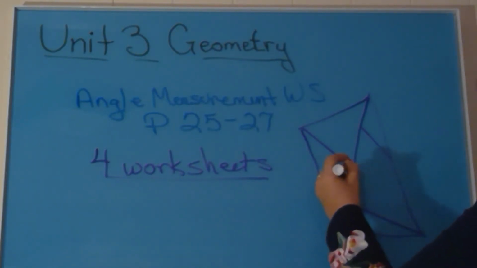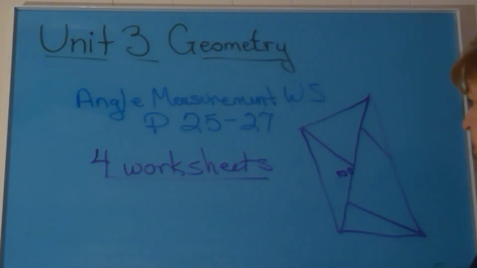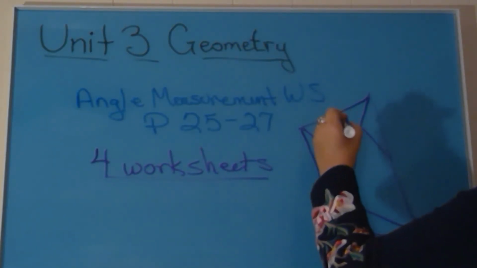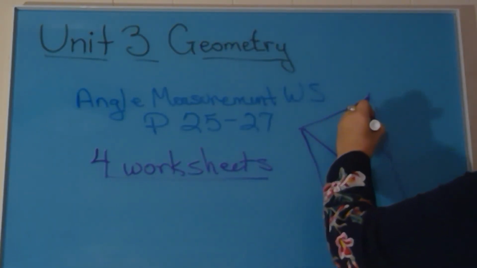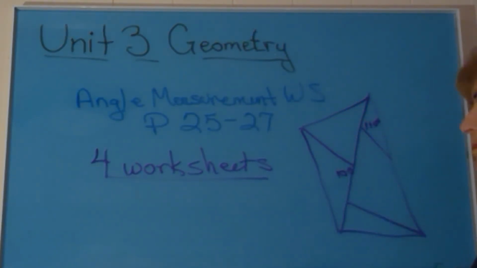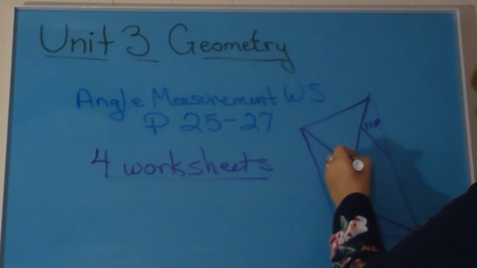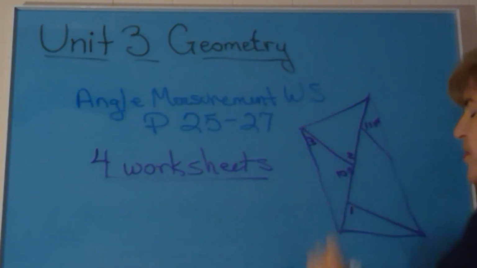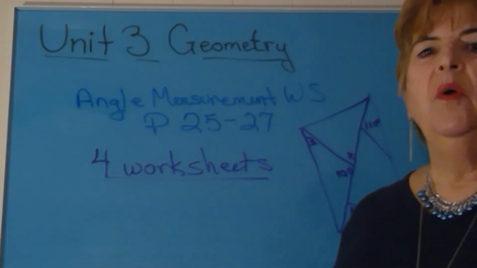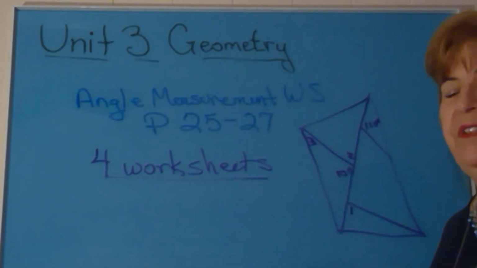They might tell you that this is 100 degrees. Mark what they tell you. If they tell you this might be 110 degrees. Some of the other angles will be labeled. Some aren't. What I want you to do is find all of the angles in the diagram.